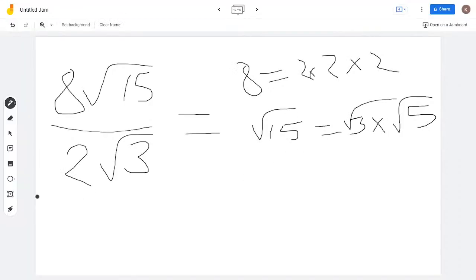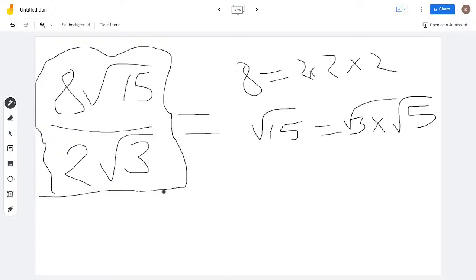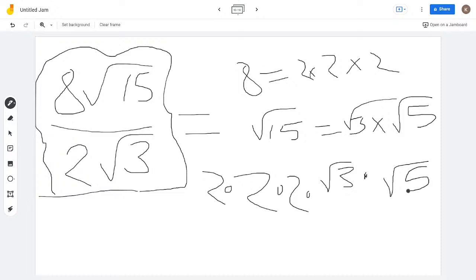Now, if you write it in this form, it will be 2 times 2 times 2 times root 3 times root 5, and it is divided by 2 root 3, right?